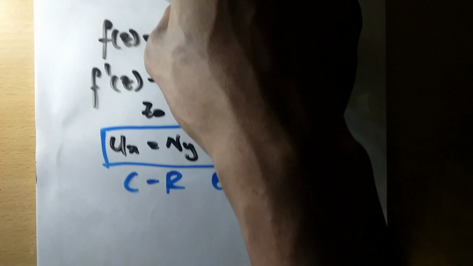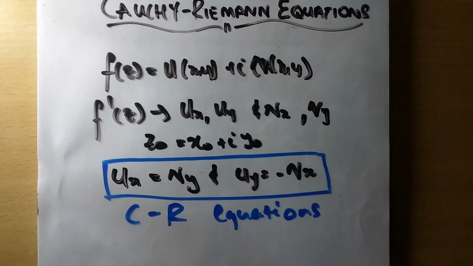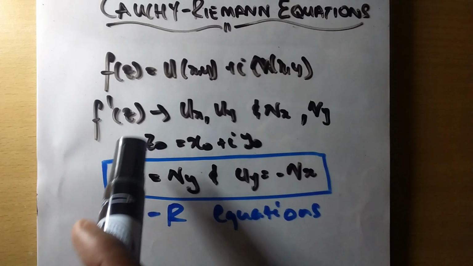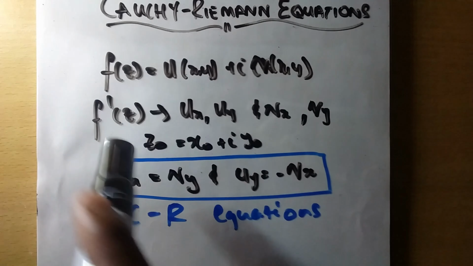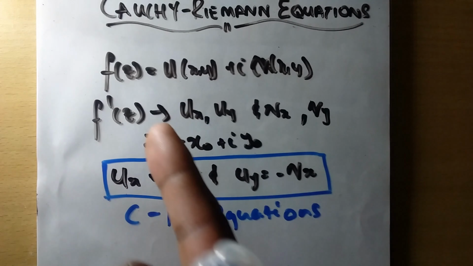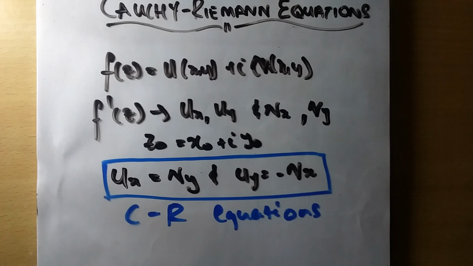But let us have an overview before we do some examples. We said that we have some function of complex variable, and if we have a function like that, its derivative will exist, and if it exists, the partial derivatives of the components of that function must exist.